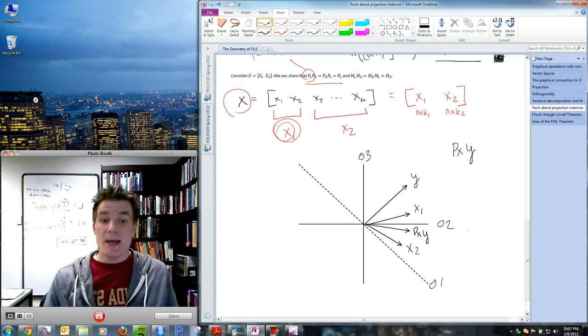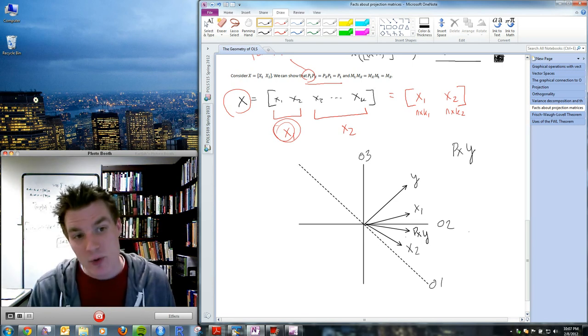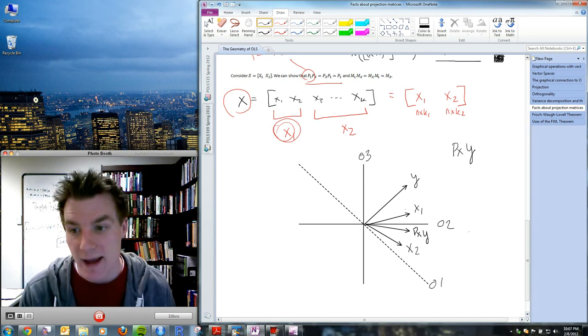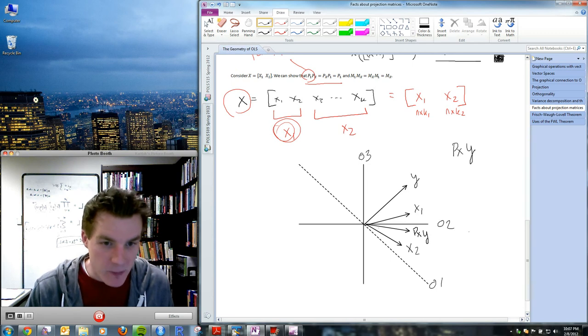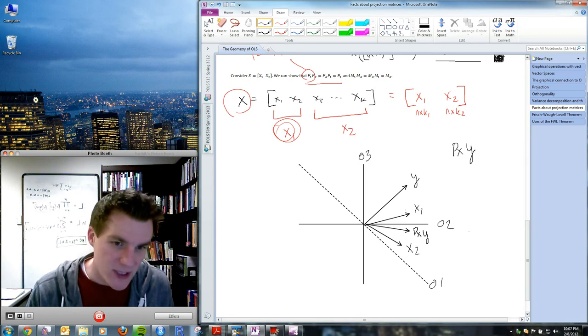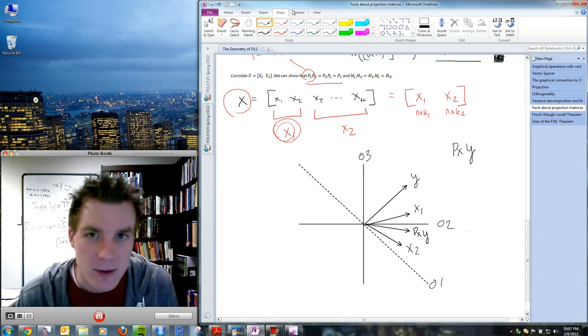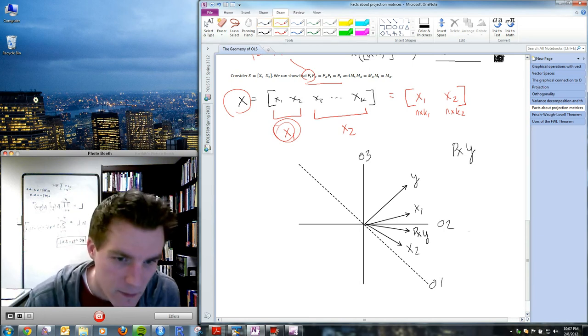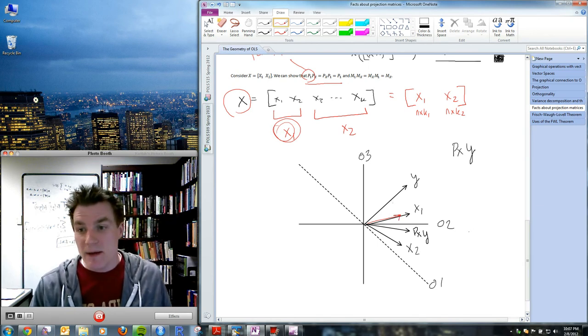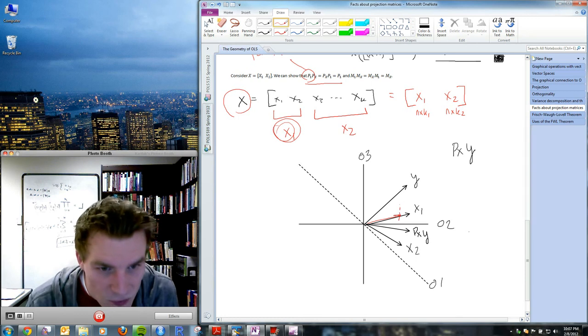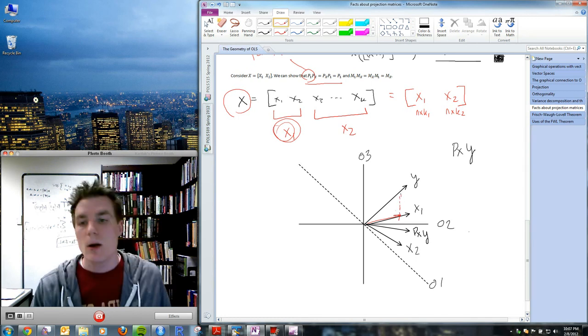Now, let's take Px y and project that, let's just say, onto X1. What are we going to have then? Well, what I want is the portion of this vector that's representable on that line space right there. In other words, something like this. I'm going to get the same thing I would have gotten if I had just directly projected y onto X1 only.